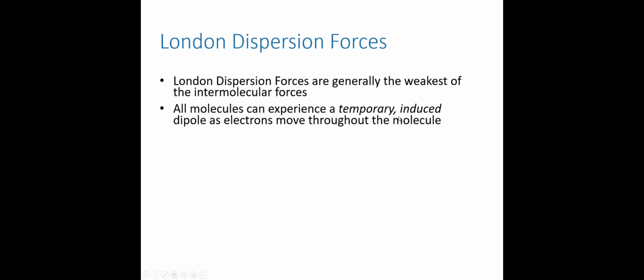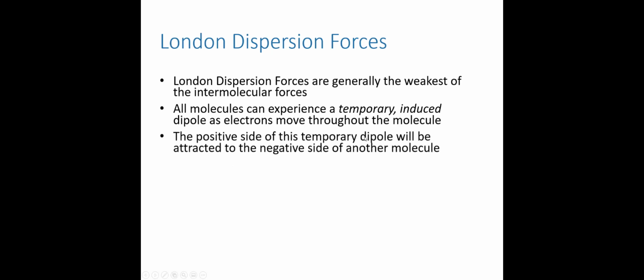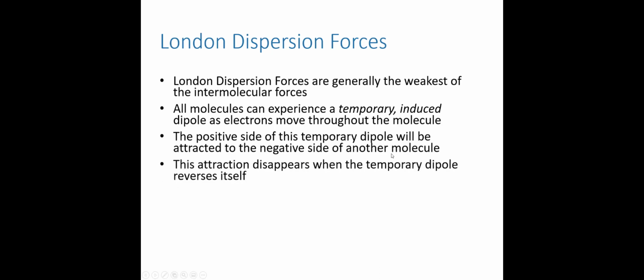And that's what we mean by an induced dipole. One molecule causes a neighbor to suddenly have a slight dipole, or partial positive and partial negative charges. And when those partial charges suddenly occur, there will be an attraction between the positive and the negative of two different molecules. But then, almost an instant later, the electrons flow back to their original positions and the dipole suddenly disappears.